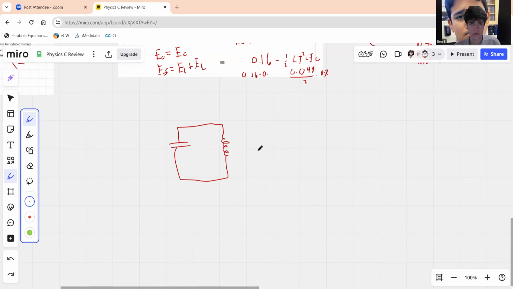And then an RL circuit is going to be something like this. Or it could be in series too, right? Yeah, it can be in series, something with an inductor and a resistor, and maybe a resistor here.